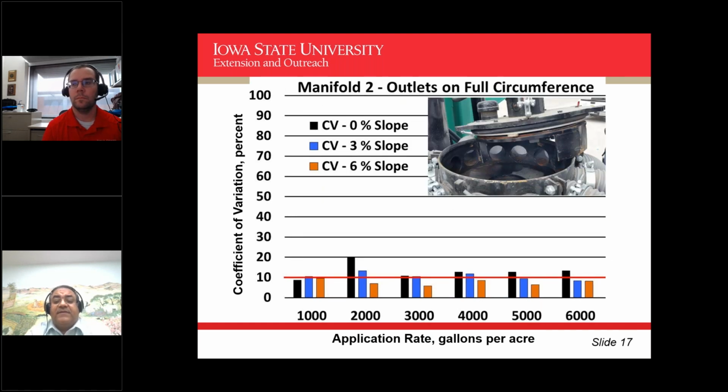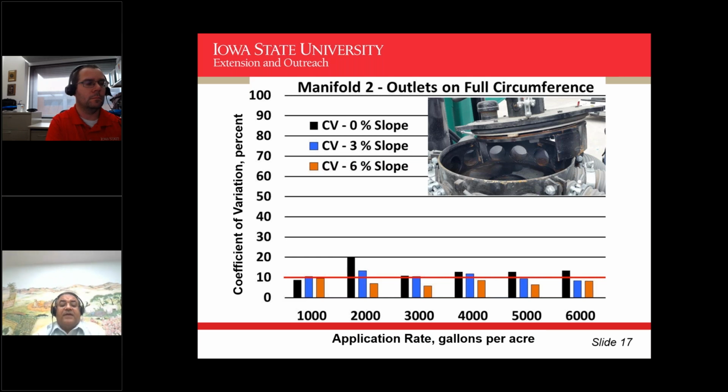The next manifold we tested had a bottom feed, where the manure came into the chamber from the bottom up. The manifold had 12 outlets on the circumference of a round chamber. It also has rotating bars in the center of the chamber, so that as the application rate got a little lower, some of the outlets were blocked off in discharge, and as the rotator spun around in the chamber, it would be discharging intermittently.